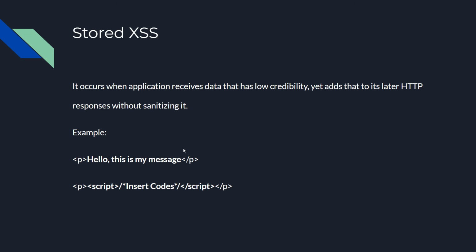But if an attacker decides to enter this one, where he types script tags and the code that he wants to insert, it will become a successful attack, and the consequence depends on the code that the attacker decided to enter.